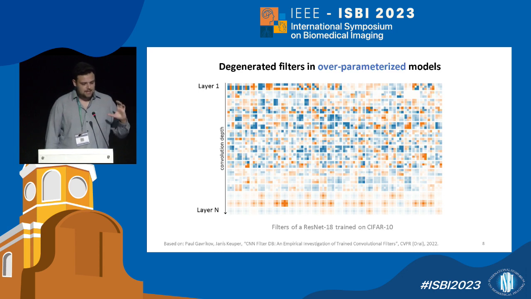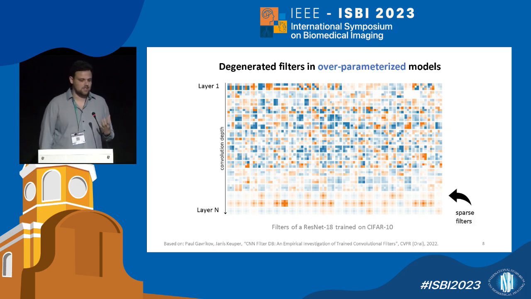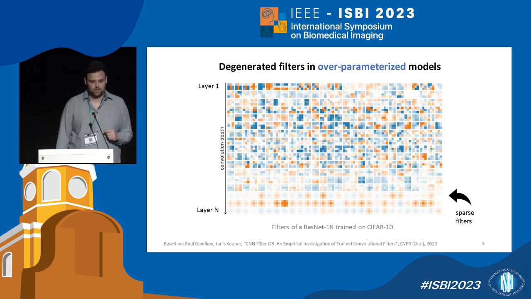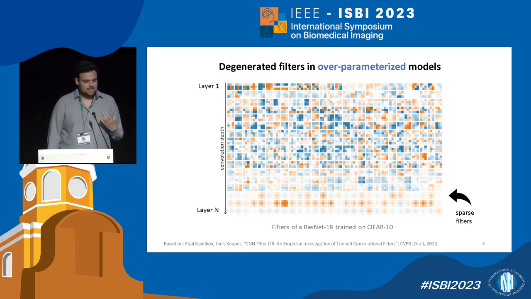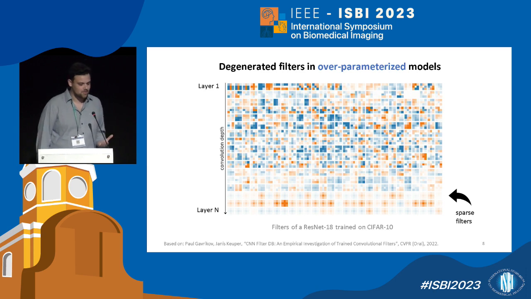And what you can see is that in the first two thirds of the model, the filter patterns are very diverse, they're very vibrant. The model learns a lot of different transformations there. But towards the end of the model, you'll see that filters are becoming increasingly sparse. And this image is actually with increased contrast, otherwise you wouldn't even see them. That means that these filters no longer process information, they actually eliminate it, which is probably not something that you want.